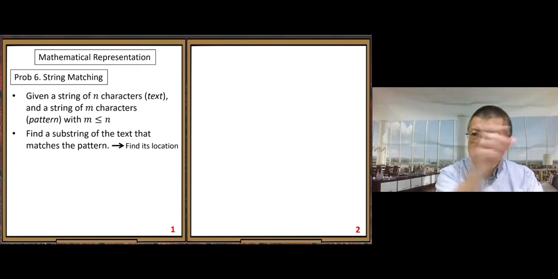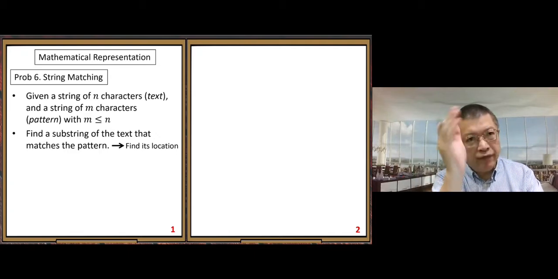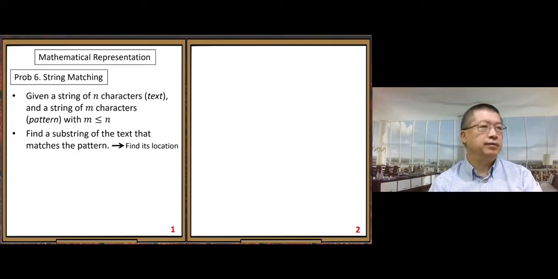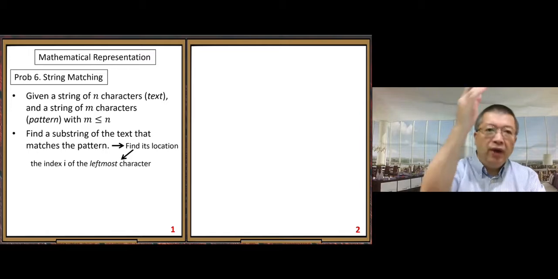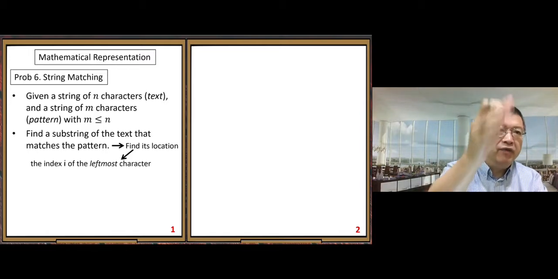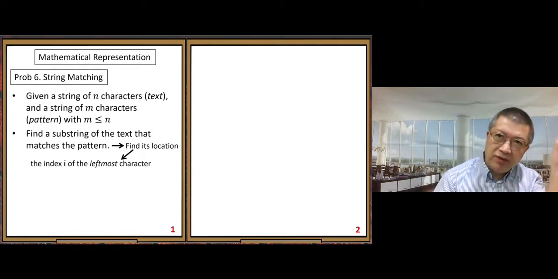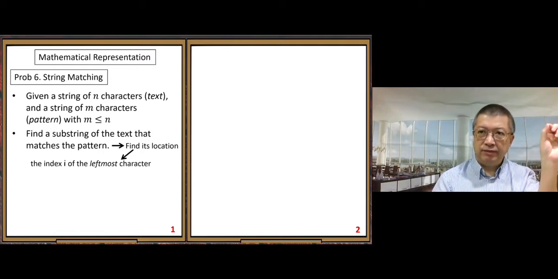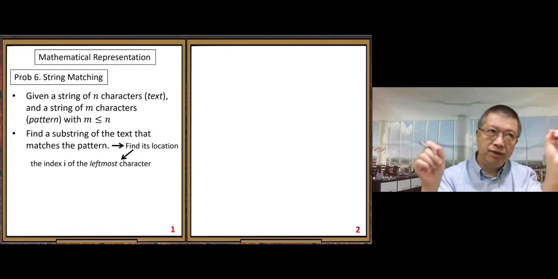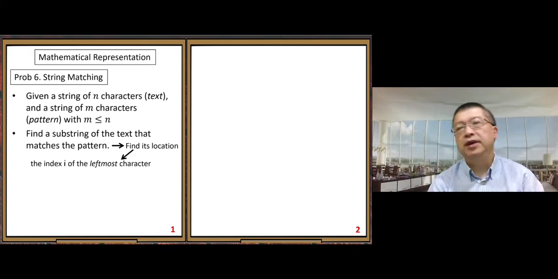But how do you describe the location? You have many characters in this substring. How do you describe this substring? The index i of the leftmost character. We use the leftmost character, not rightmost, the index of it.